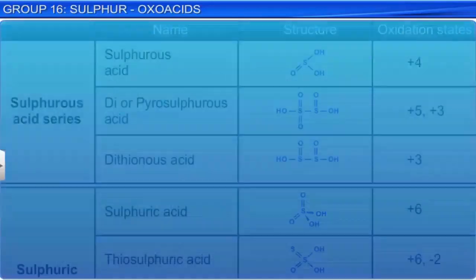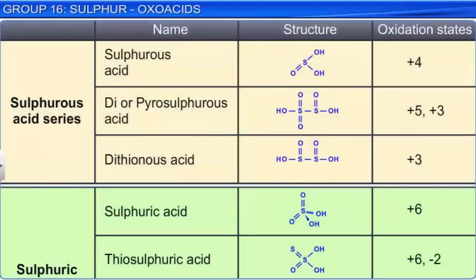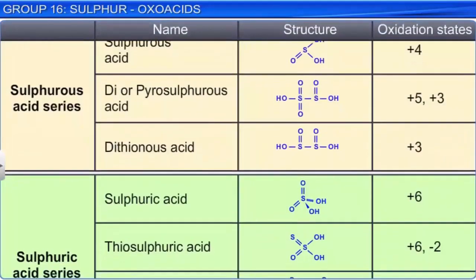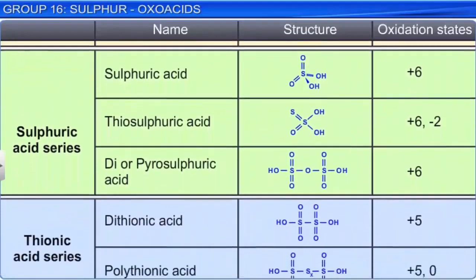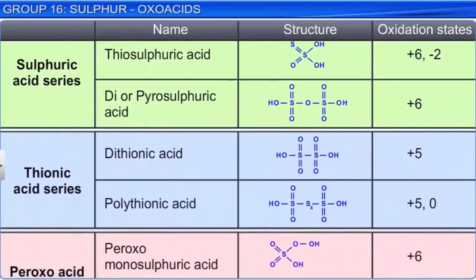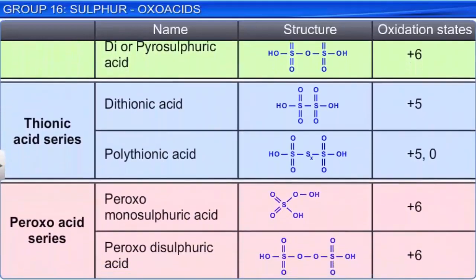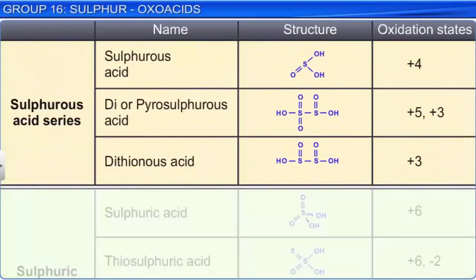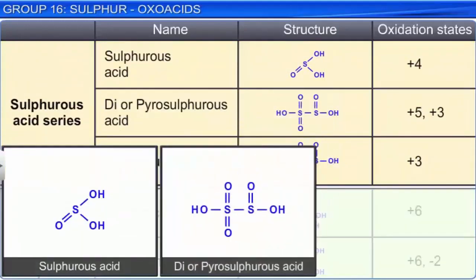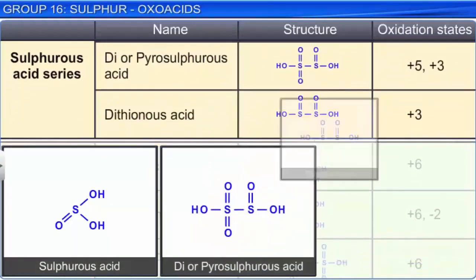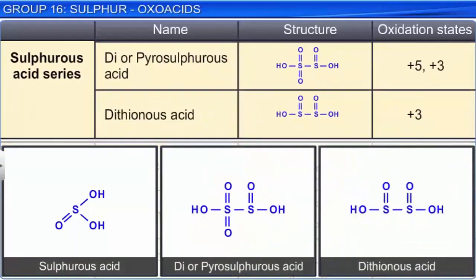The table here shows the names, structures, and oxidation states of sulfur in its various oxo acids. As you can see, sulfurous acid, di- or pyrosulfurous acid, and dithionic acid are categorized under the sulfurous acid series.